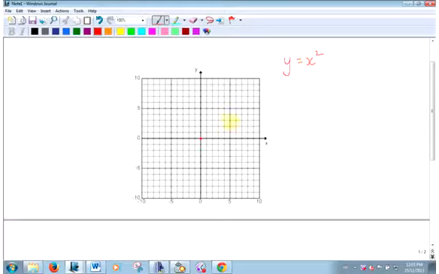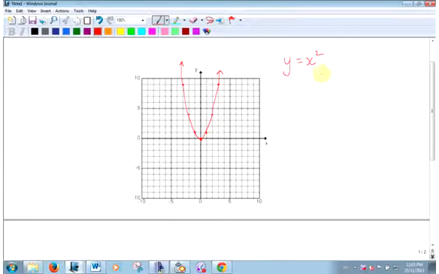If x is 1, what's 1 squared? 1. What's negative 1 squared? 1. If x is 2, what's 2 squared? 4. What's negative 2 squared? 4. One more. If x is 3, what's 3 squared? 9. Same thing over here. That's our basic parabola shape. Everything we want to compare to this.